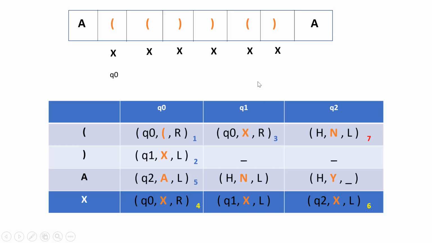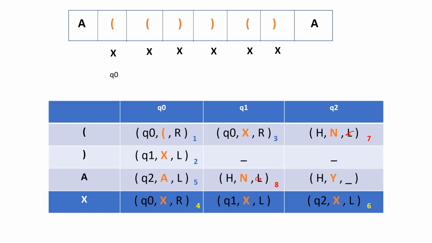And if you don't find it, that means if you're in Q1 and you encounter A at the end, you didn't see that left parenthesis. So we must halt the machine and write no. So you're halting the machine.